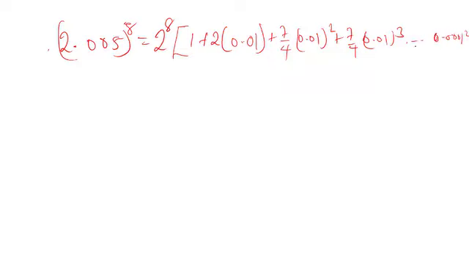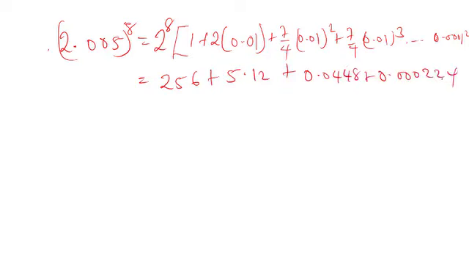0.0001 squared. So our value is now 256 plus 5.12 plus 0.0448 plus 0.000224, which is equal to 261.17.